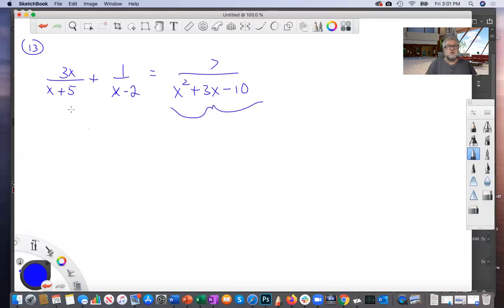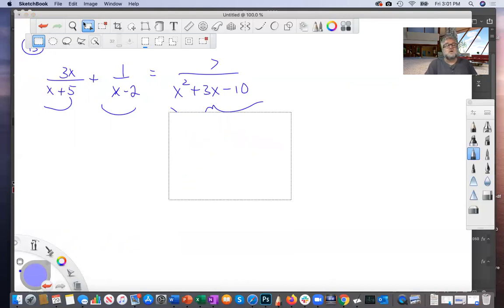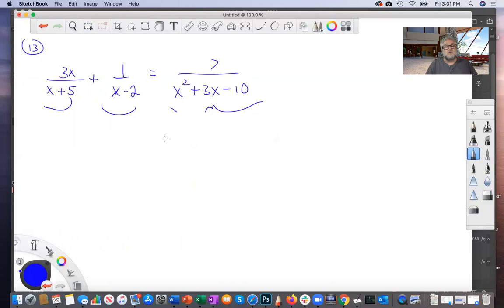Take a guess. Do you think it's x plus 5 times x plus 2? Let's see. X plus 5, x plus 2. See, we get first 2, x squared, outside 2, plus 2x. Oops, I wrote it wrong, didn't I? Let me start again. You should have said something. Okay, so it's x plus 5 times x minus 2, right?